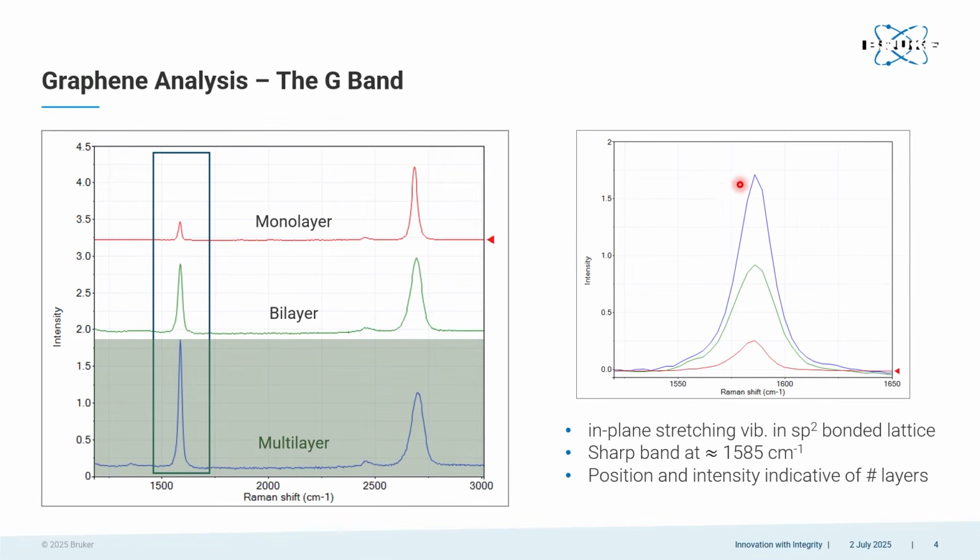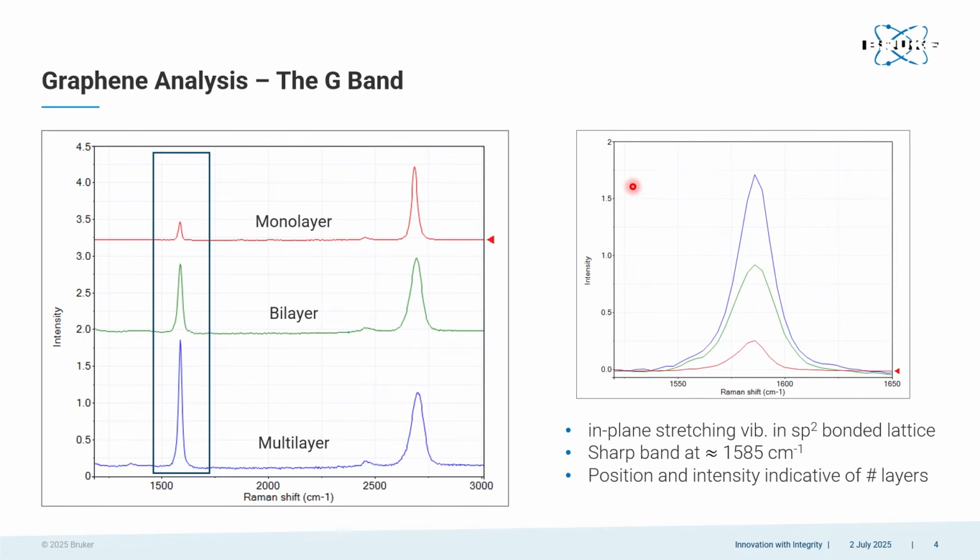So by just looking at the intensity of this peak, you can already get the information if you have mono, bi, or multi-layers. It's not as sensitive as the ratiometric approach, but for a quick assessment of the layers, this works very nicely.